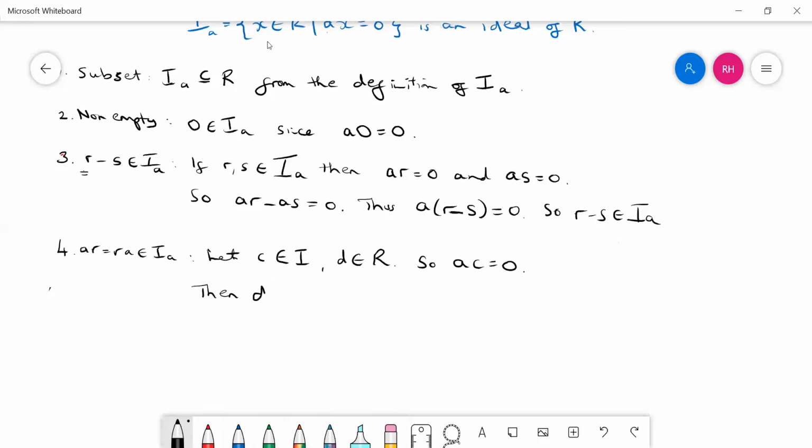So D is the element of the ring, and I'm going to multiply it by AC, and I'll get D times 0.